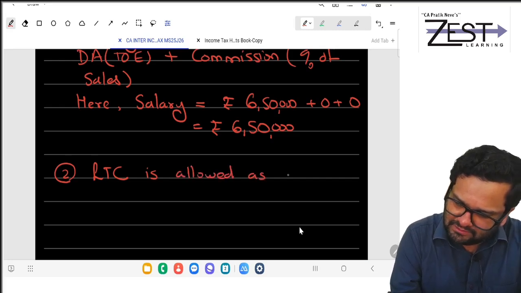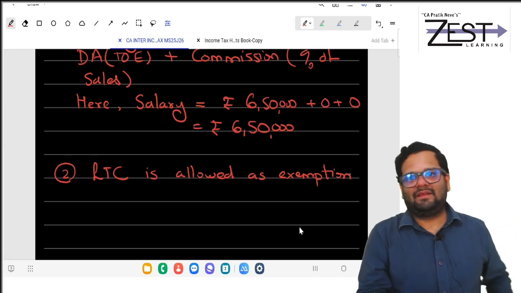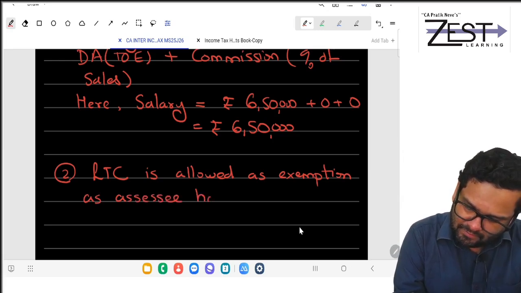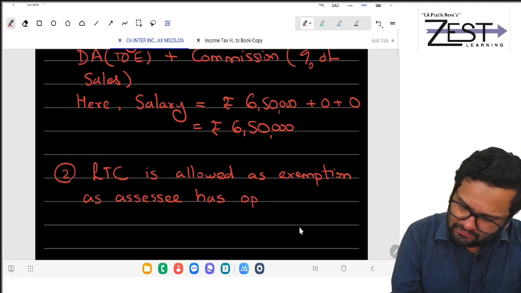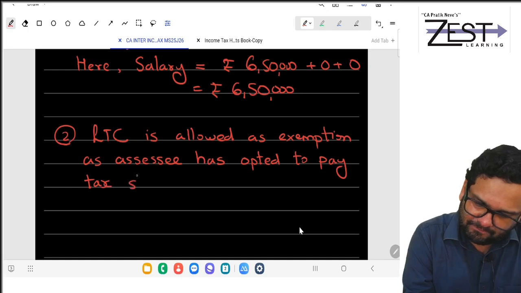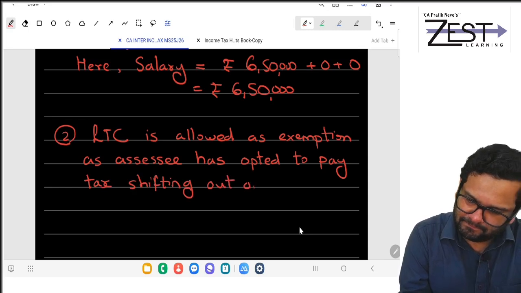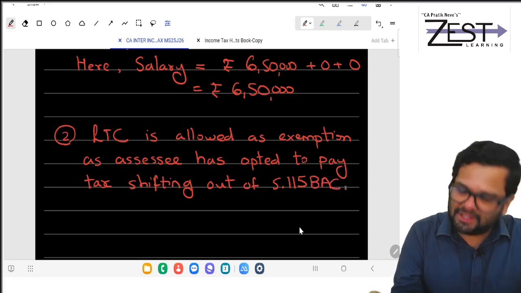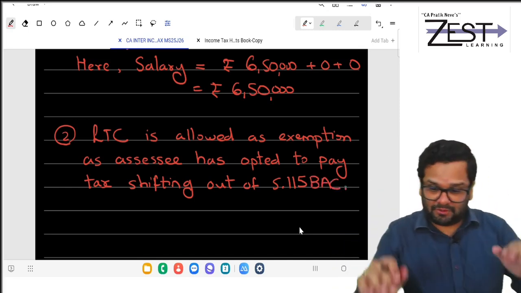LTC is allowed as exemption as SSC has opted to pay tax, shifting out of section 115BAC. Clear? Full stop. Continue.